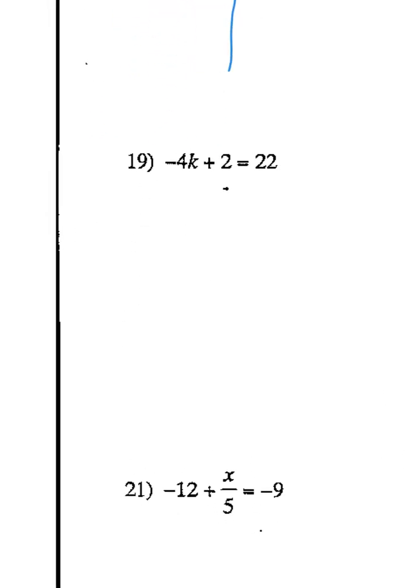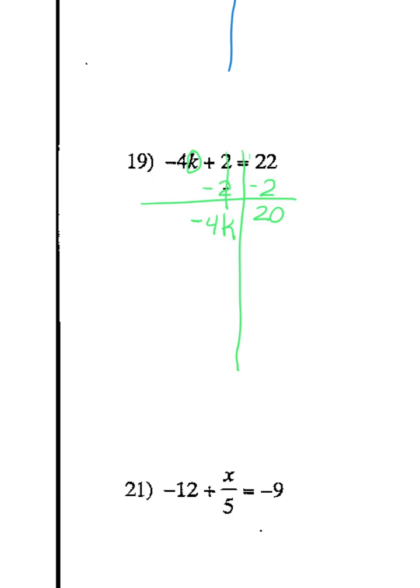All right? Draw my line down the equal sign. My variable is the K. The number not connected to the variable on that side of the equation is 2. It's plus 2, so I'm going to subtract 2 on both sides. Here I get 20. My 2's cross out, and I have negative 4K left.